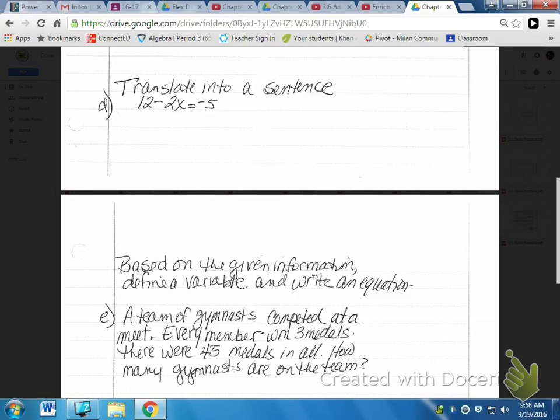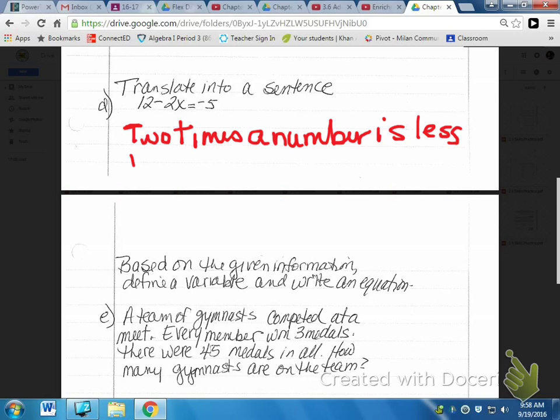2 times a number is less than 12. Okay. And equals negative 5.